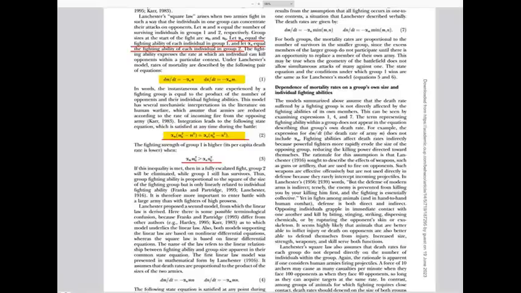In general, the force M over time has minus alpha N times N, which means it will be diminished at a speed which is the product of the number of opposite shooters and their combat efficiency, the fighting ability alpha N. The same goes for force N, which will be decreasing as force M shoots at them.